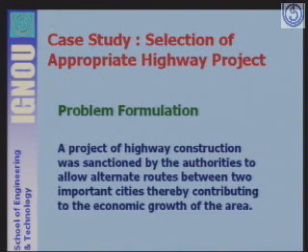Options are available: in the first stage we can do this much work, in the second stage we can do some other work. We have to decide the width of the highway and the material of the highway. This way options are available, and first we have to finalize the criteria under which we are going to select the highway.